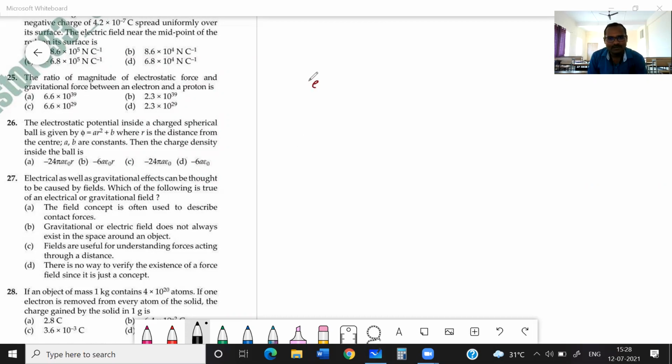Here there is one electron and one proton. Between these two, an electrostatic force of attraction will be there and a gravitational force also will be there. They are asking what is the ratio of electrostatic force and gravitational force?